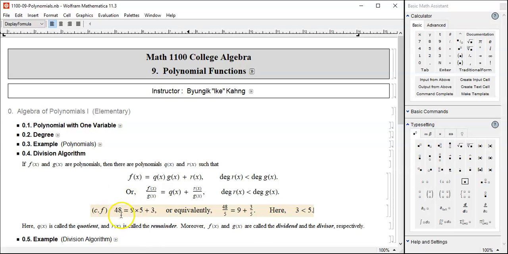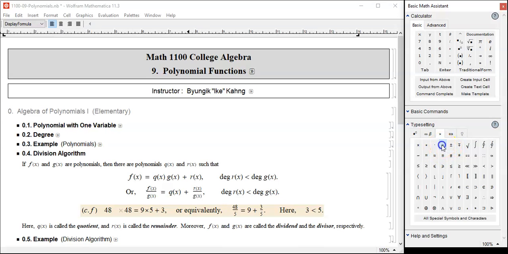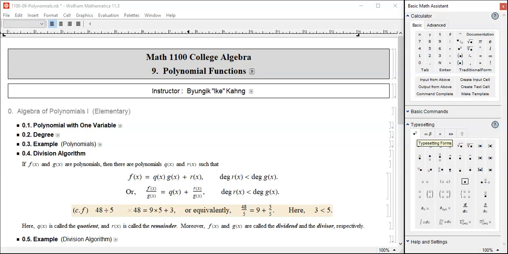So 48 divided by 5, that's something we are calculating, in the positive integer arithmetic.